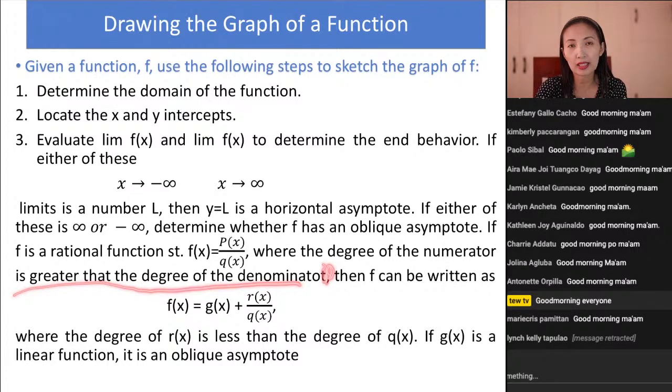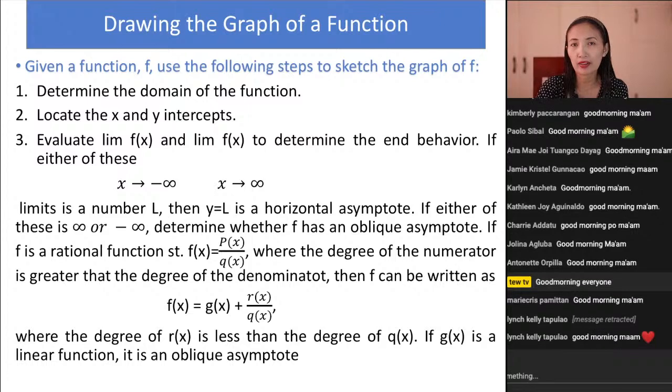Then f can be written as, we can break it apart, or should I say simplify it, as f of x is equal to g of x plus r of x over q of x. Only when the degree of the numerator is greater than the degree of the denominator can we express it in this manner.